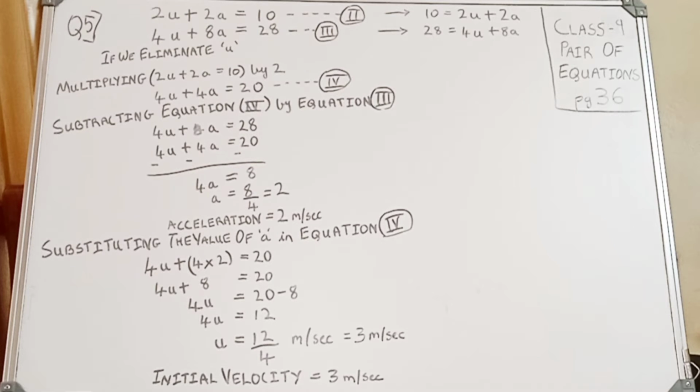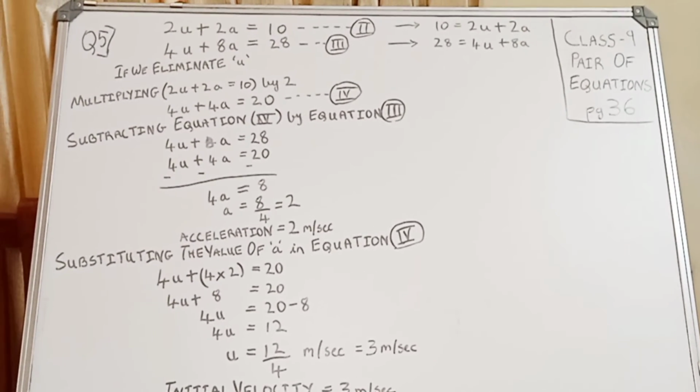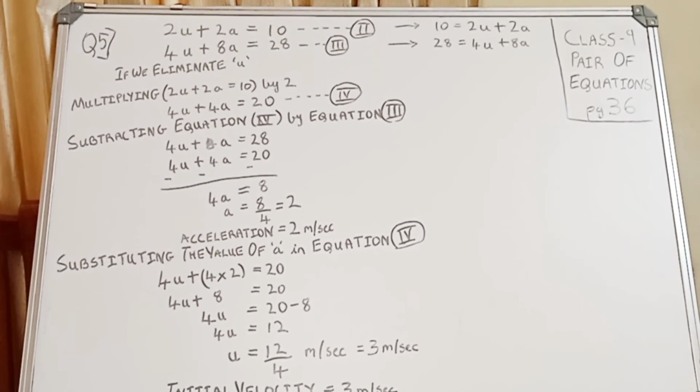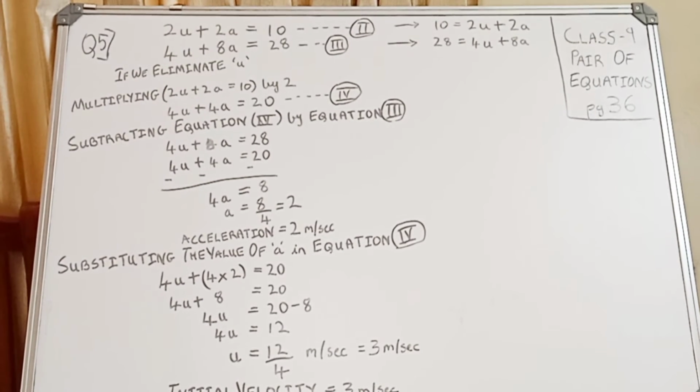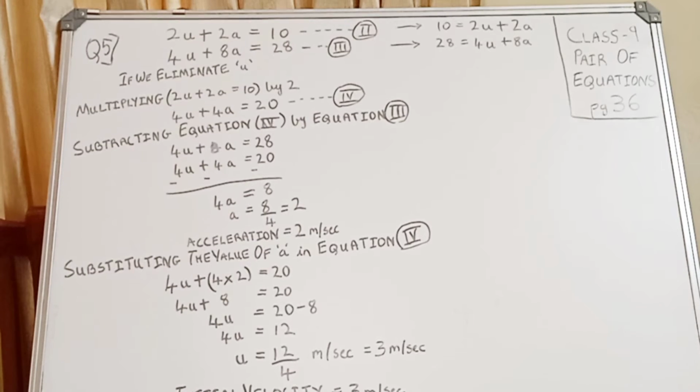Hello students, today we will be continuing the fifth question, and we had reached 2u plus 2a is equal to 10. We got this from 10 is equal to 2u plus 2a.